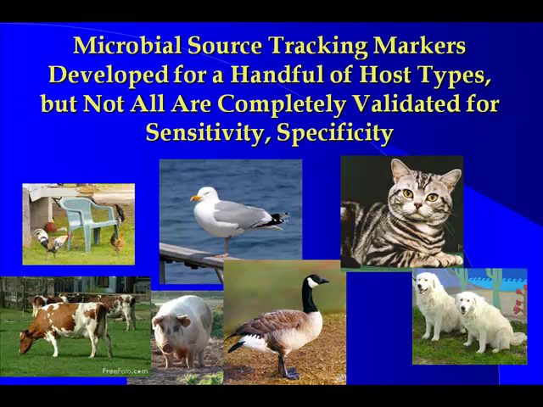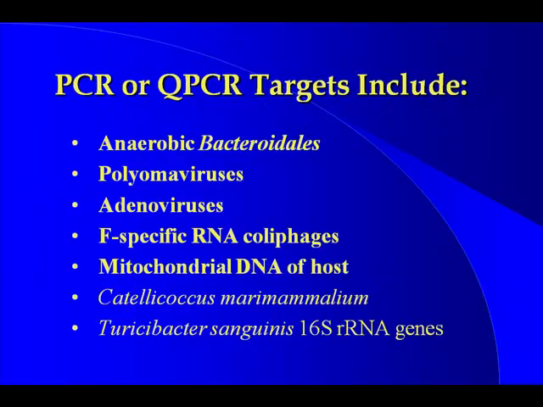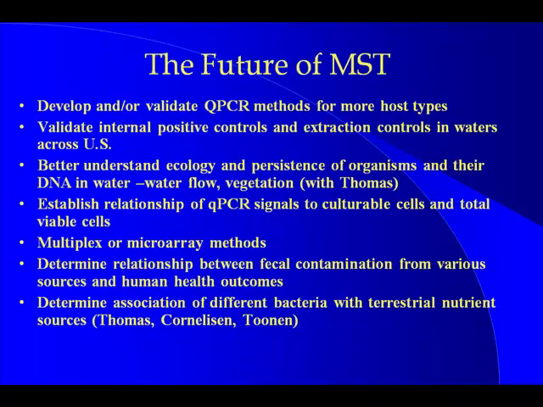Basically, you can look at pigs, cows, everybody, collect their poop in a location, and you have to do it in a location, and you can get these markers. They're not perfect, and there are still questions about sensitivity and validation, but it does allow you to identify primarily who it's from. There are different targets, which I don't need to go into, and they'll probably tell you more about that. Future work is to develop all these things.